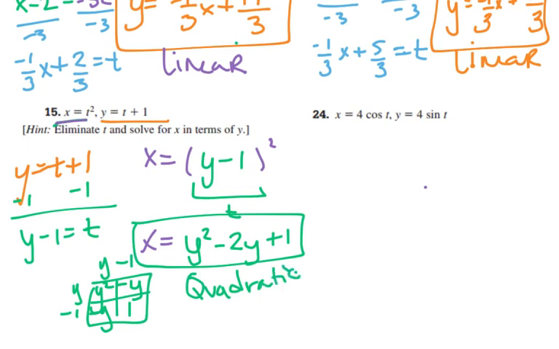And then this last one, hopefully you would notice already, since it's got sine and cosine, that it would be a circular equation. But let's see. So what I'm going to do here to eliminate the parameter is actually go to my formula sheet, because it is not going to be helpful to undo cosine within here.